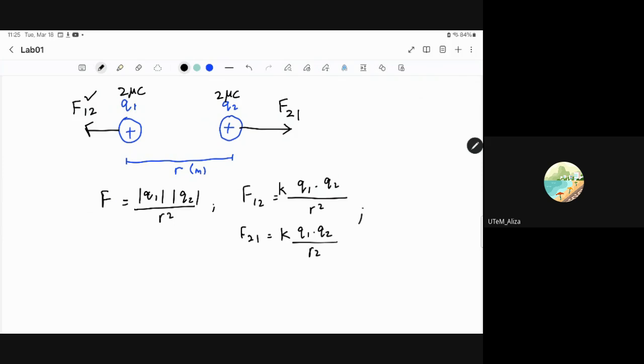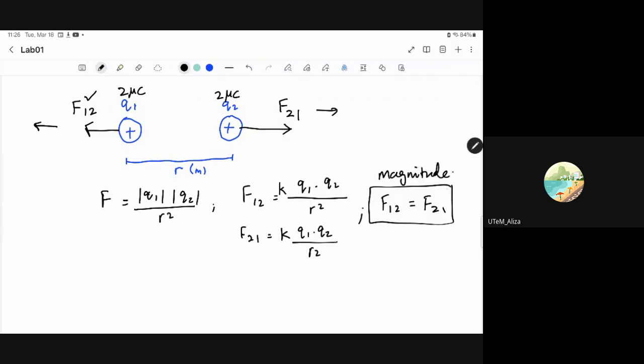So we can say therefore F12 is equal to F21, except that F21 here has a direction to the right, and F12 has a direction to the left. This is only true if you are talking about the magnitude, the value of the force.